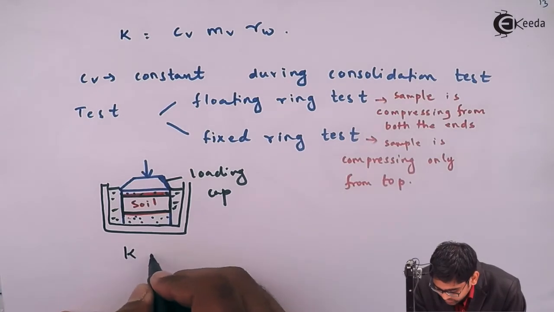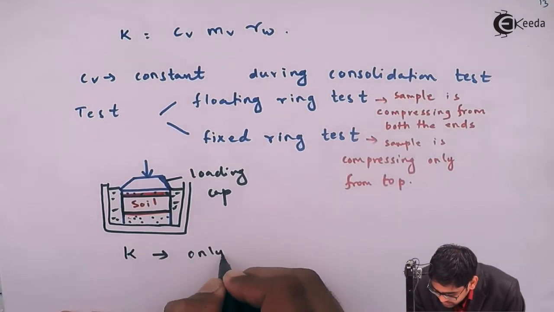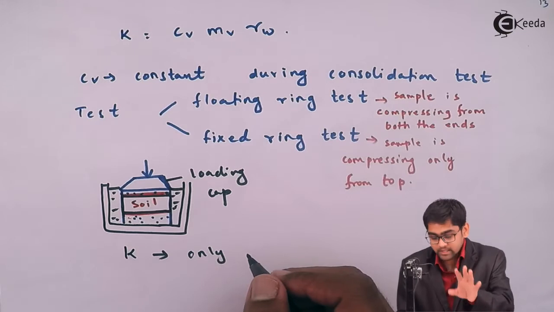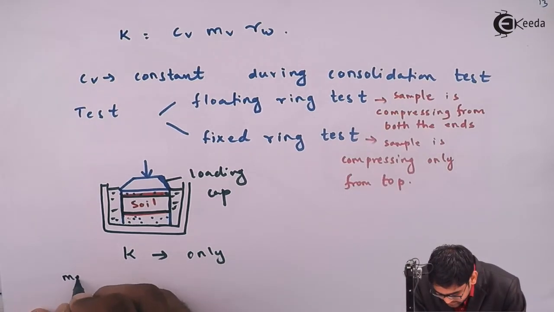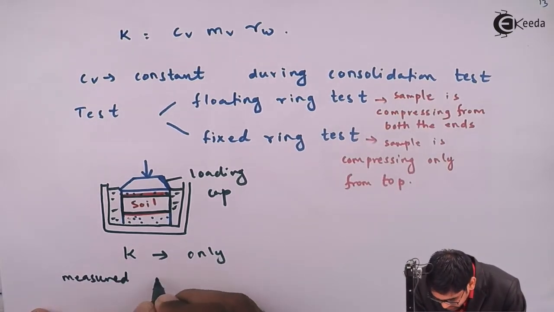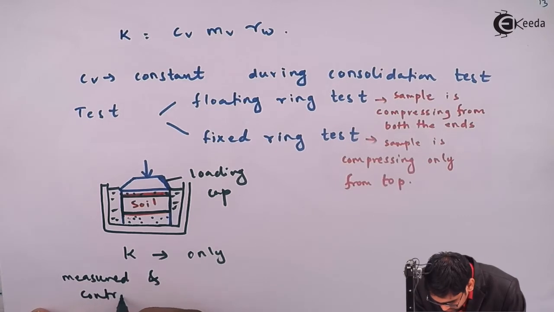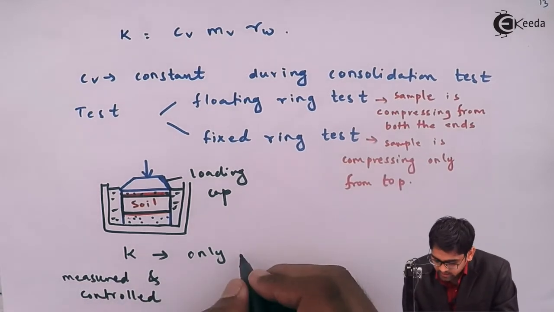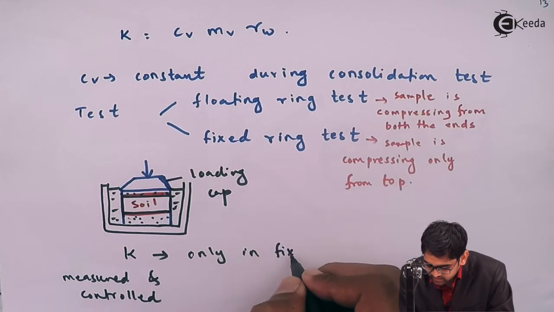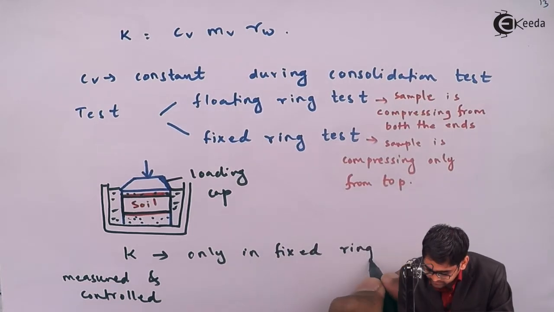So the K value can be measured and controlled only in the fixed ring test.